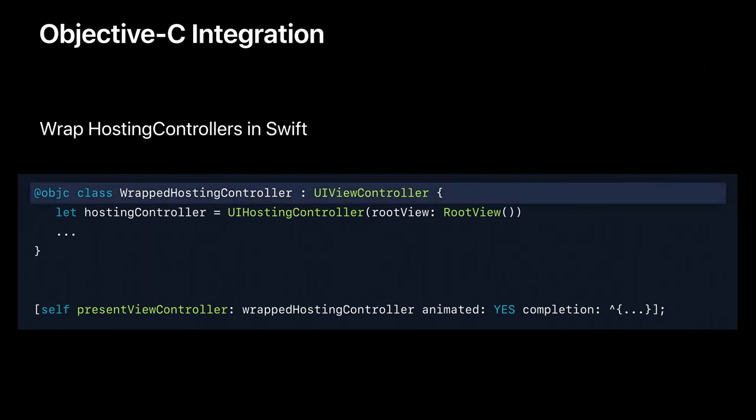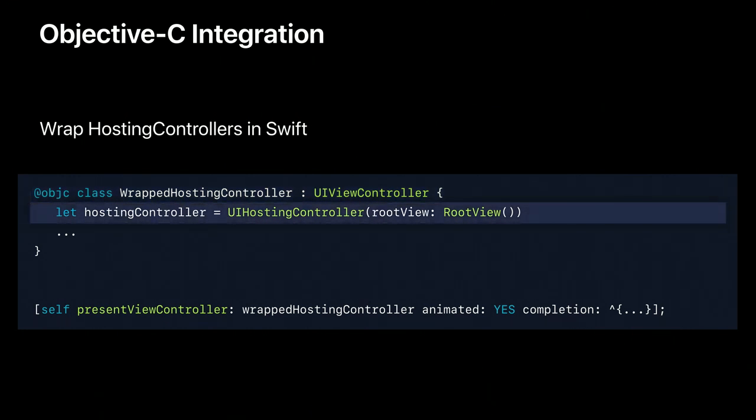In this case, I'm going to wrap a hosting controller, and I make a subclass of UIViewController, and I give it the @objc attribute. This will allow us to later instantiate this Swift class from within our Objective-C implementation file. And now, inside of our Swift implementation, we can instantiate a UIHostingController and pass it an appropriate SwiftUI root view.